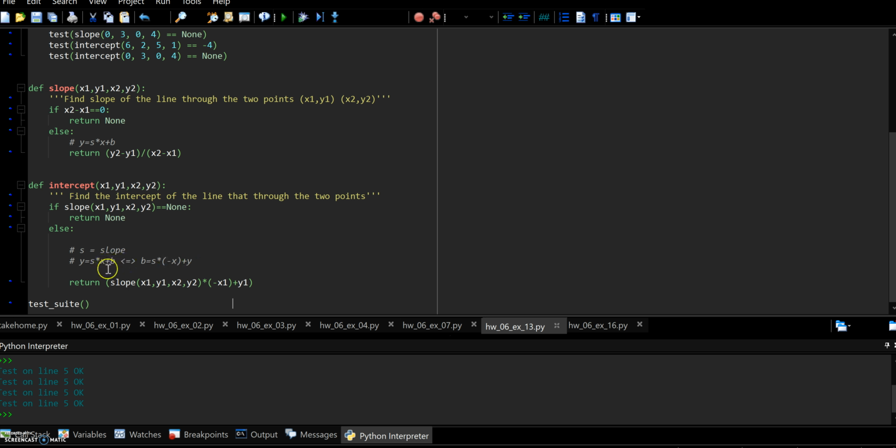So if I plug x equal 0 into this equation, y will be equal to the value b. So eventually this function will return the value of b.